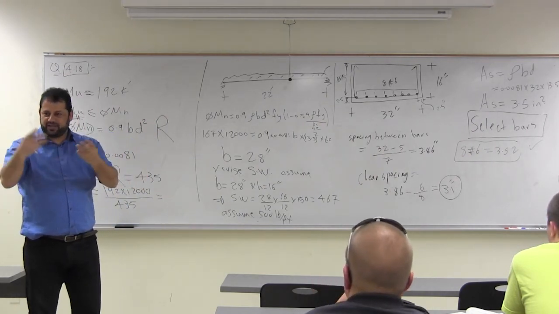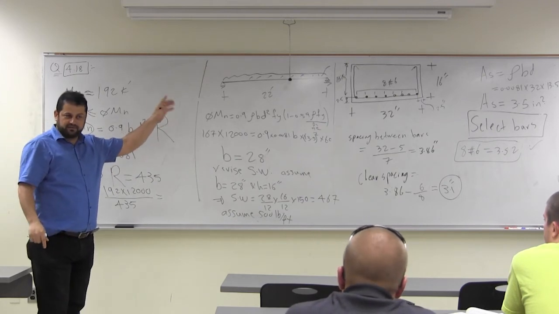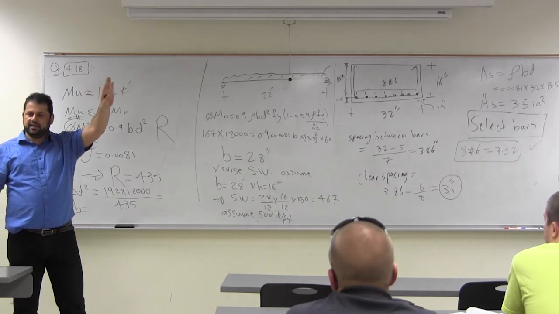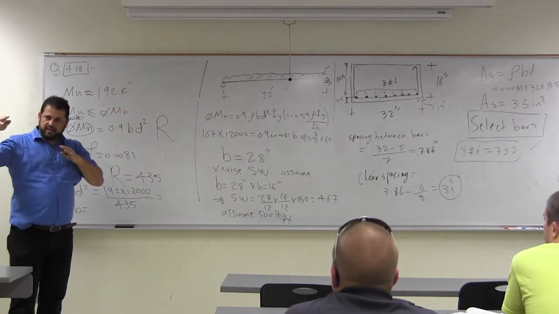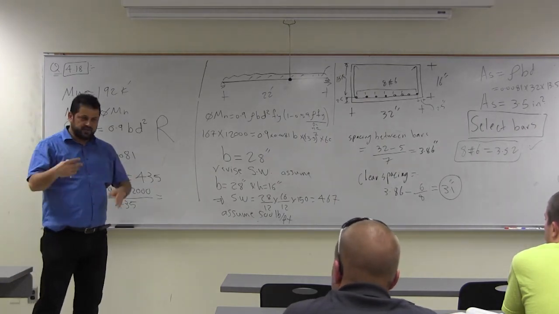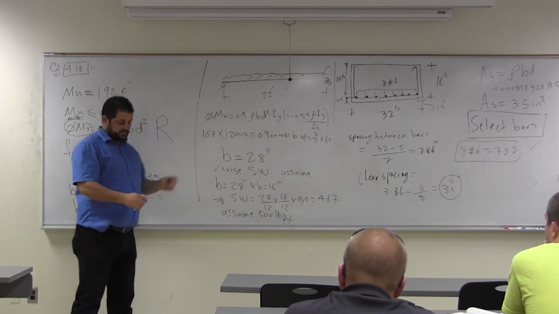You check. If it's not enough, you increase it. Trial and error. That first equation, the one that has phi Mn equals 0.9 As fy (d minus a over 2), and a equals As fy over 0.85 f'c b. You need trial and error in there. Design aid or this equation, 3 ways to do it.